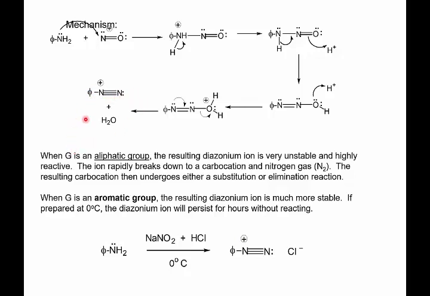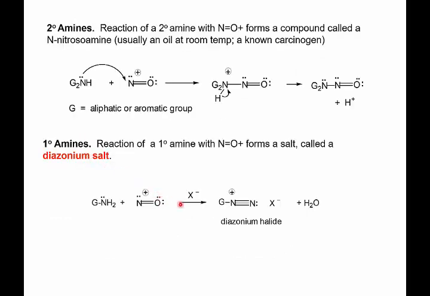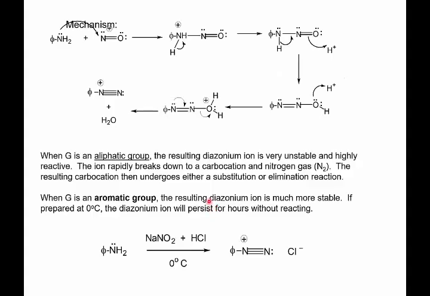When the G group is aliphatic, like ethyl, methyl, propyl, then the diazonium is extremely unstable, and it rapidly breaks down to give a carbocation and nitrogen gas. The carbocation reacts either by substitution or elimination to give a variety of products, and we're not going to really focus so much on that.